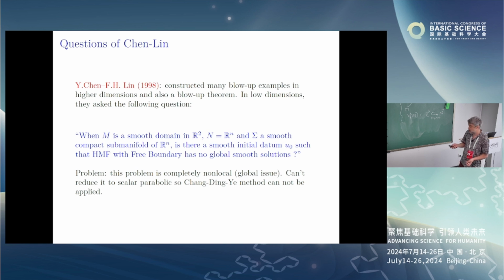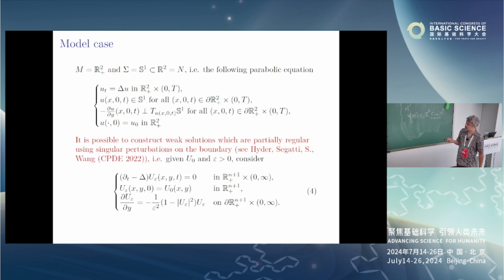Well, the problem is that this type of argument, first, is a very scalar argument, okay? And in the case of Chang, Ding, and Ye, this is done through some reductions which are impossible to do in the harmonic map flow with free boundary. Let me show you why it's very hard to do. Let's take the simplest possible situation, where M is a half plane, right?